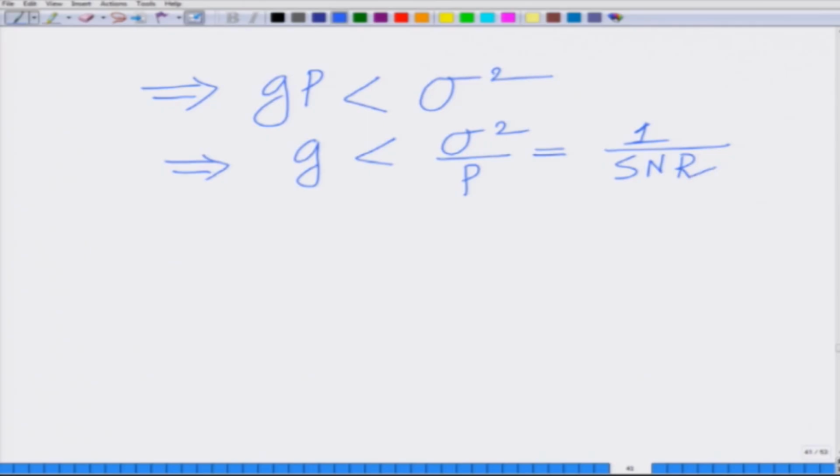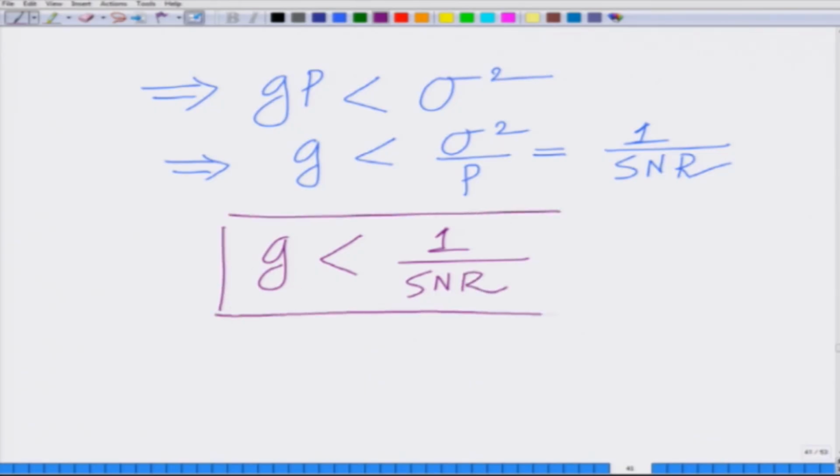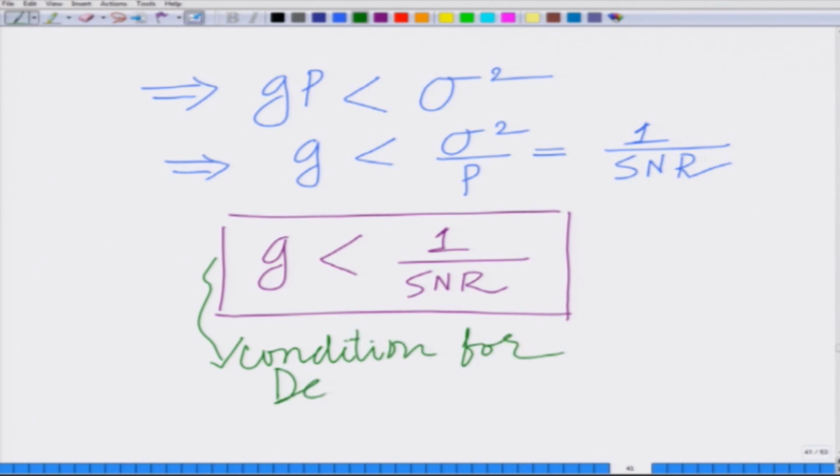So, our condition for deep fade is that the gain G is less than 1 over SNR. This is the condition for the deep fade.